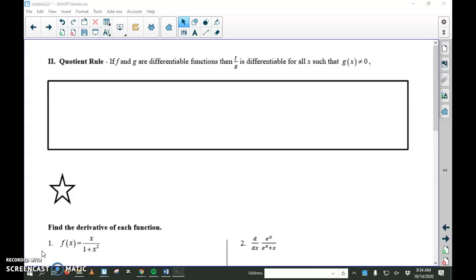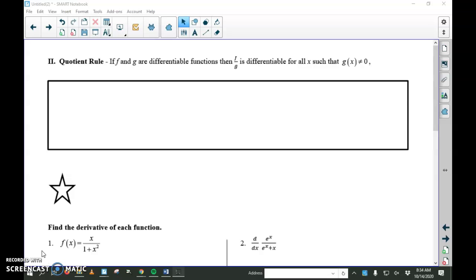The product rule says if I'm multiplying two separate functions together, I would have to take the derivative of the first function times the second function plus the derivative of the second function times the first function. You simply cannot just take the derivative of each function and multiply those derivatives together. That does not work. Similar story with the quotient rule.